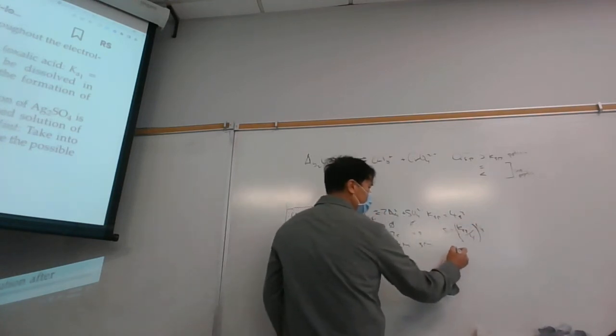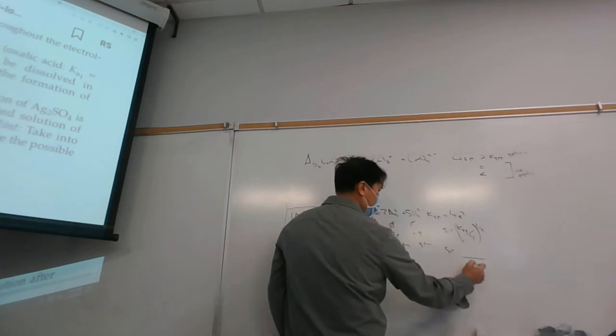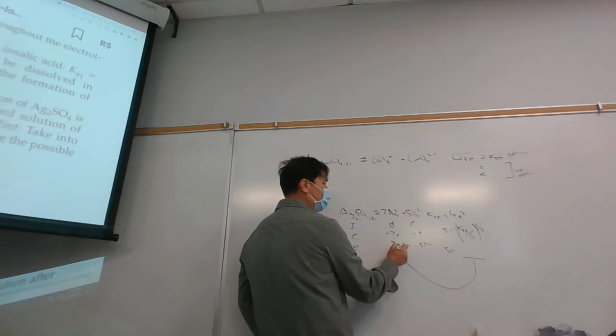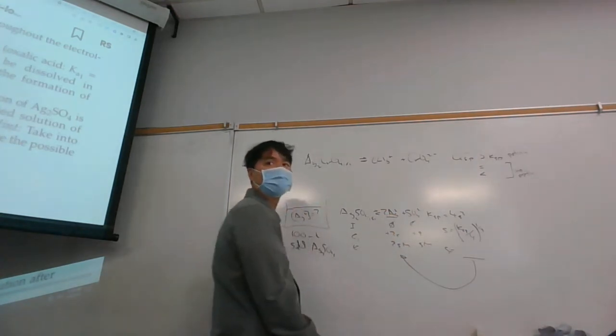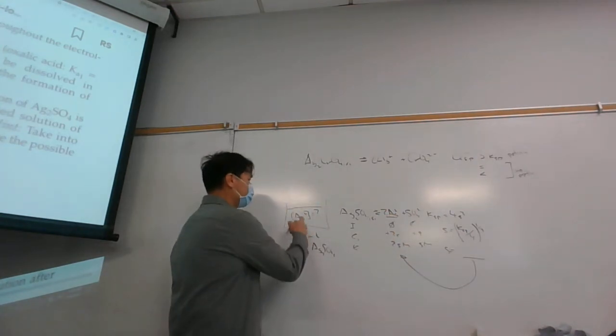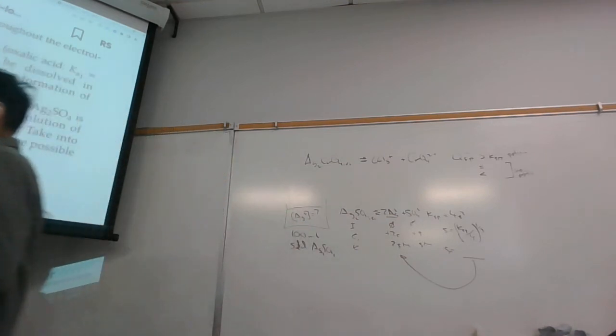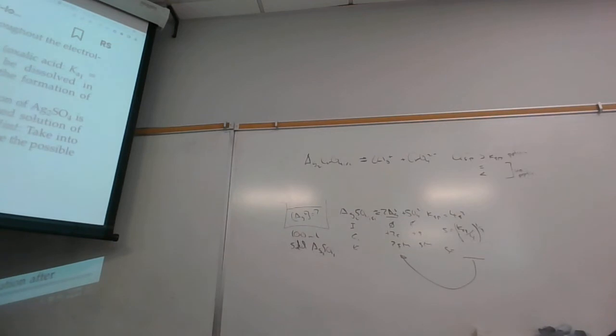Once I calculate what S is, I'll have to plug it back in here and multiply it by 2 to get 2S, which is the silver ion concentration. And so the silver ion concentration here is 2S. I need the KSP for the silver sulfate.